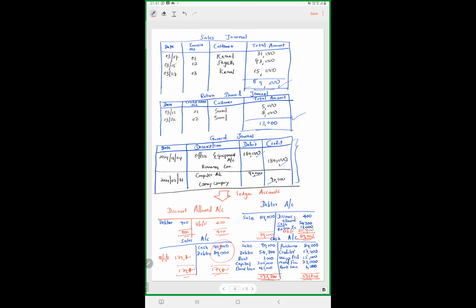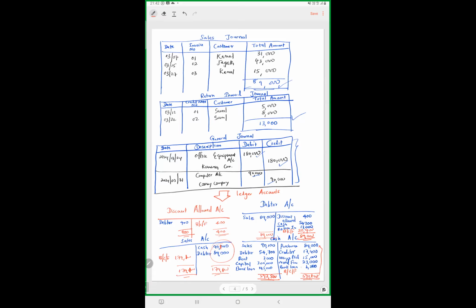Then after that you need to deduct this amount from this amount: 592,800 minus 84,000 minus 17,400 minus 15,000 minus 23,000 minus 6,200.